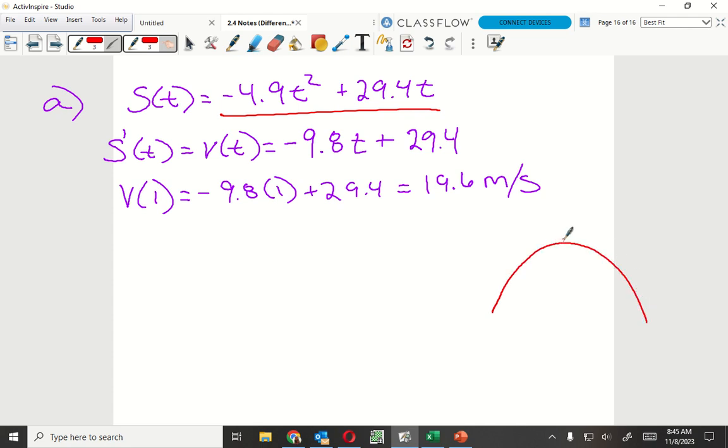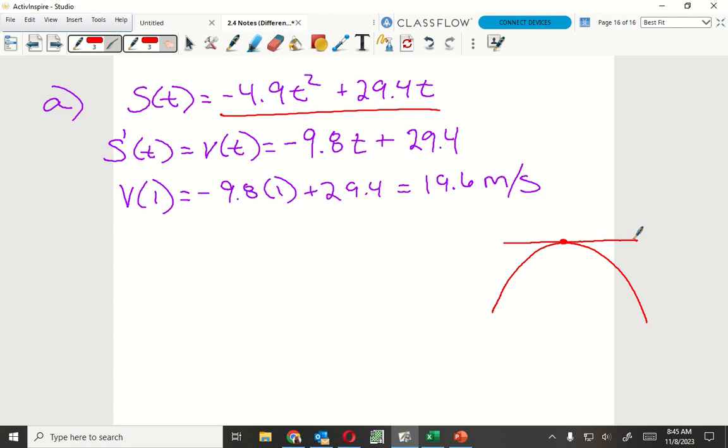And what do you think? What do you think the slope of the tangent is at the very top? 0. So that's going to be key. That step right there is going to be key for almost all the rest of this evening.